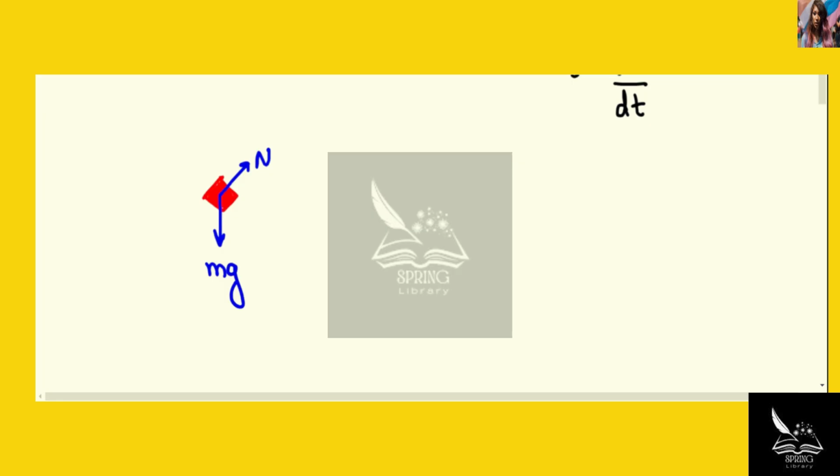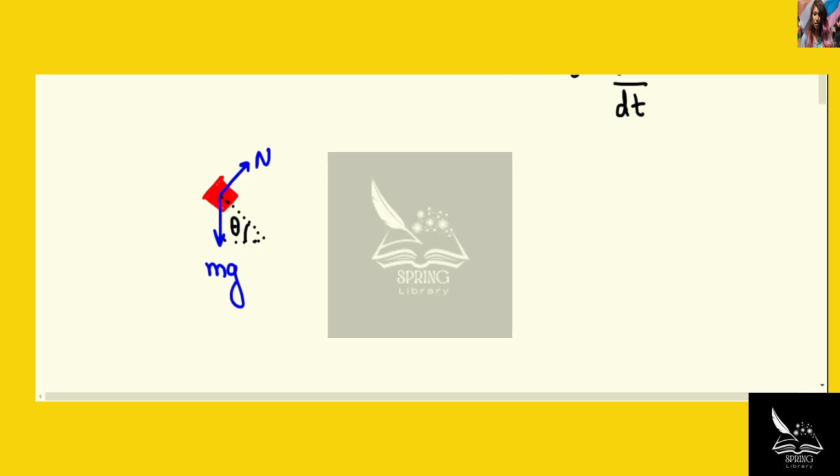I'm going to define angle theta to be this angle here, that the direction that is parallel to the trajectory of the block makes with the horizontal. This is angle theta.